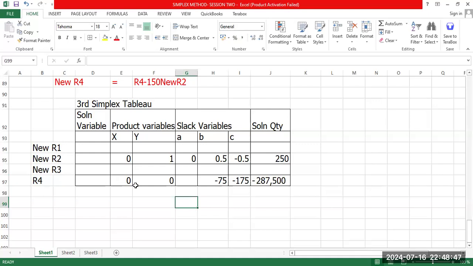Are we repeating the procedure? We don't have this value. What was the value here? 0. Are we repeating the procedure? No, because when you observe on your product variable, the value is 0 and the others are negative.